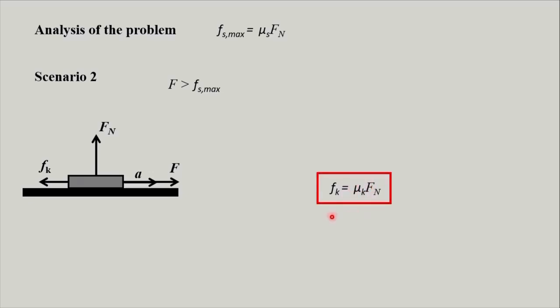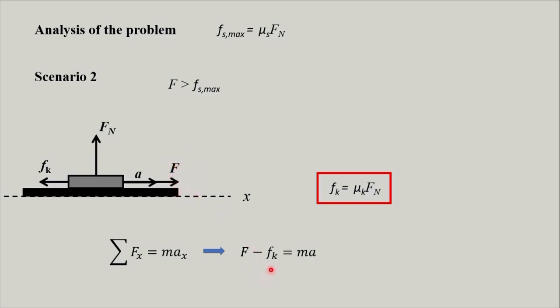and to consider the motion, we will introduce an x-axis in the horizontal direction, and we'll use Newton's second law for x components of forces and acceleration. Here, this equation can be considered in this form. F is the positive x component of the external force.